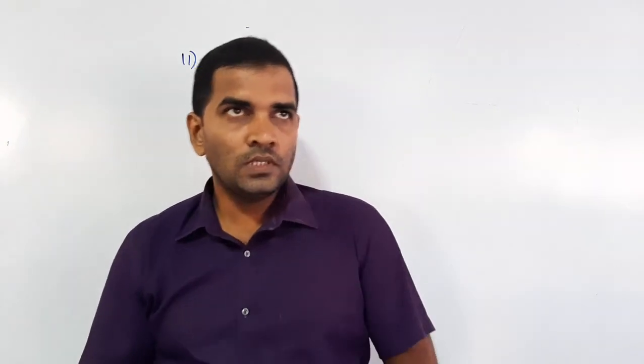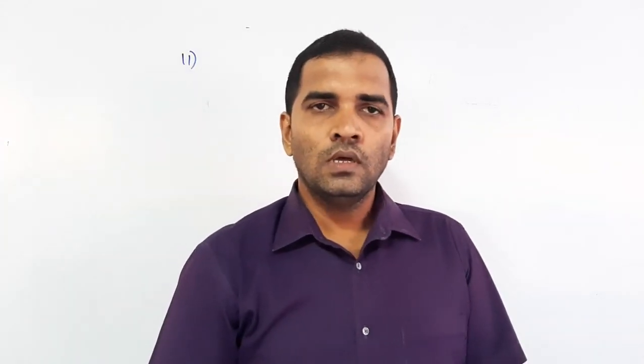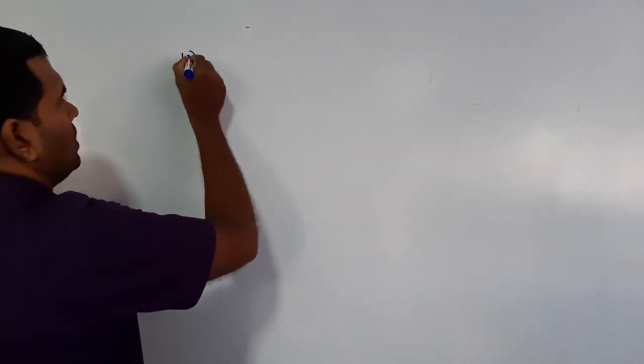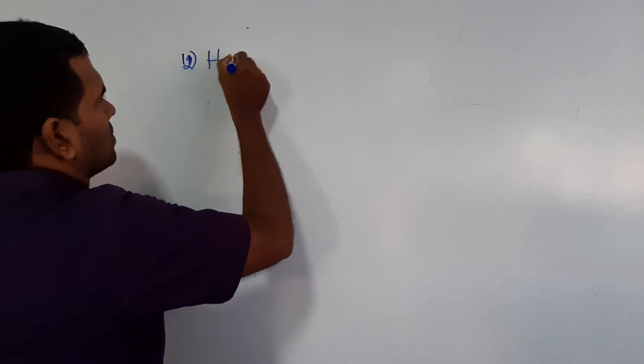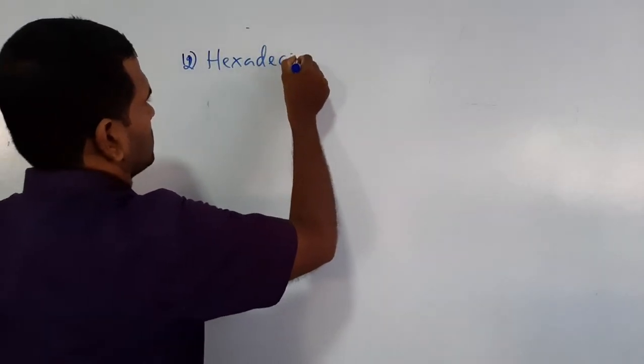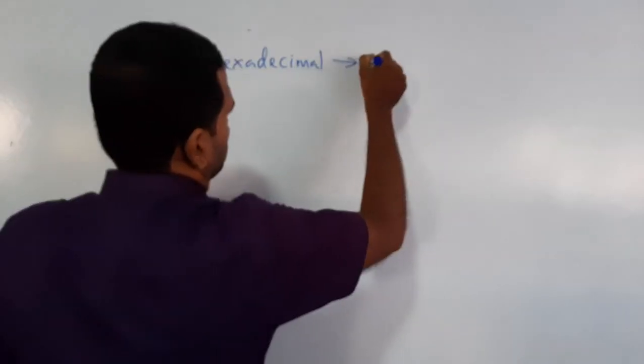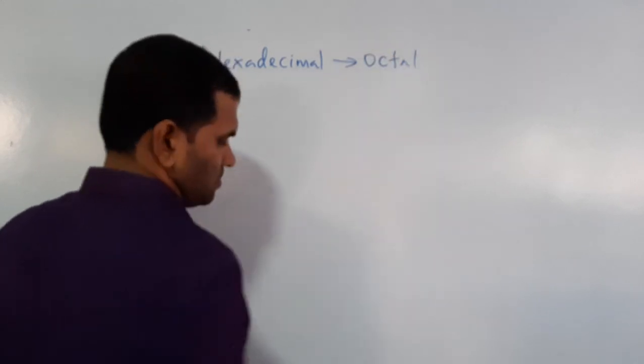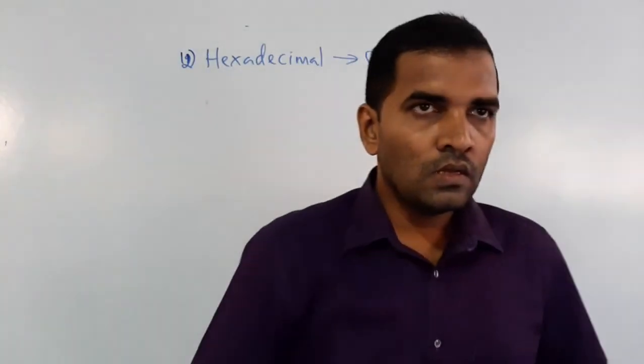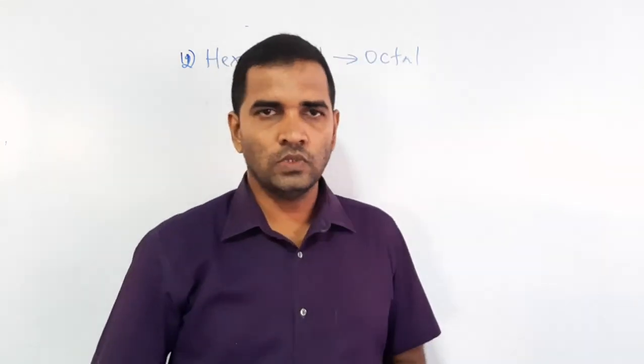Remember, this is our last conversion. Here we have to convert a hexadecimal number to octal. This is number 12, hexadecimal to octal. It is similar to the previous conversion.